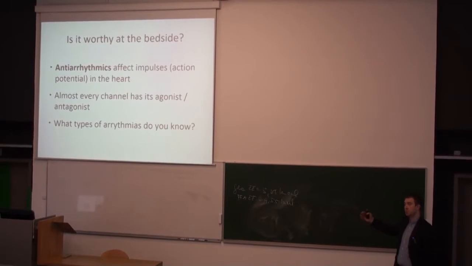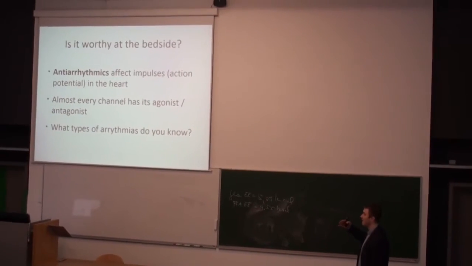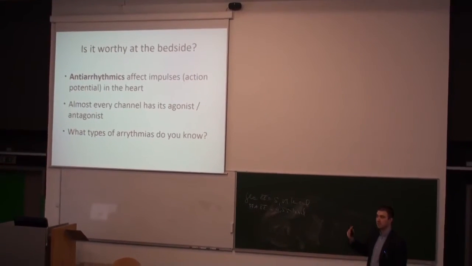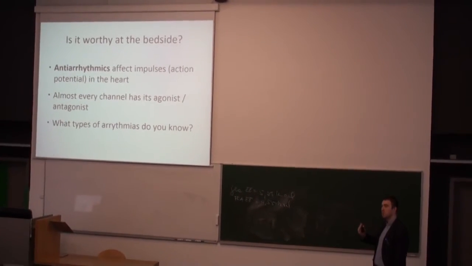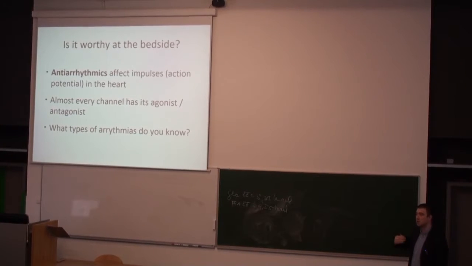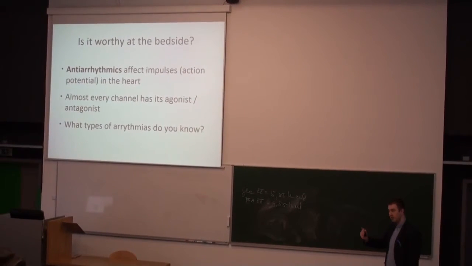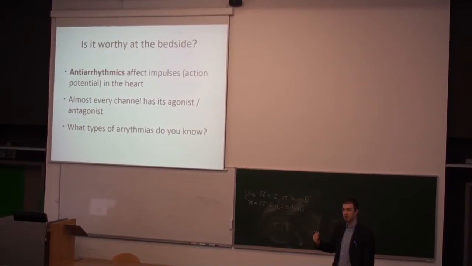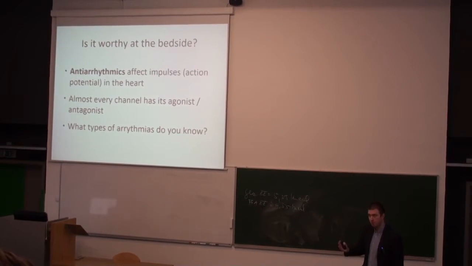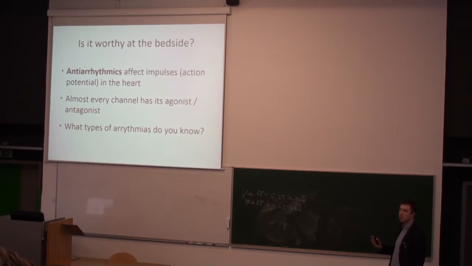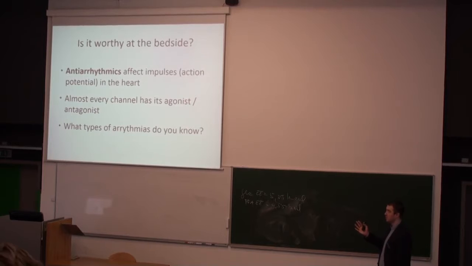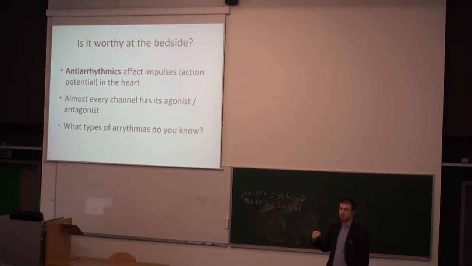You will distribute them into classes, and many of them work as agonists or antagonists of some of these channels, therefore modulating the way the heart is generating or spreading the signal, and therefore the antiarrhythmic drugs can help you to stop or to prevent developing of arrhythmias in the heart. And therefore, it's absolutely necessary for you to know how normally the signal is generated in the heart.